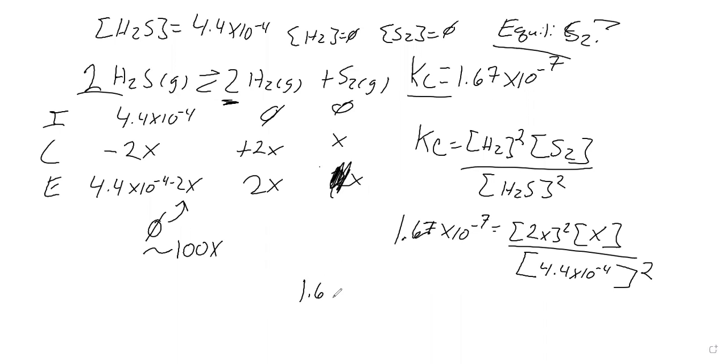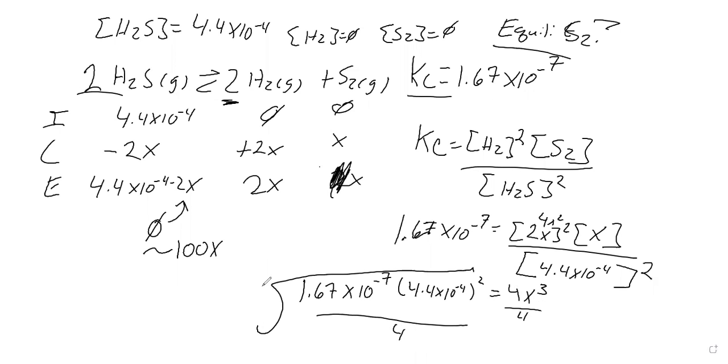So 1.67 times 10 to the minus 7 multiplied by 4.4 times 10 to the minus 4 squared equals 4x cubed, right? I'm getting 4x cubed because I have 2x here and that's being squared. 2x squared is 4x squared multiplied by the other x, which is 4x cubed, right? And I'm trying to solve for x. So you divide each side by 4.